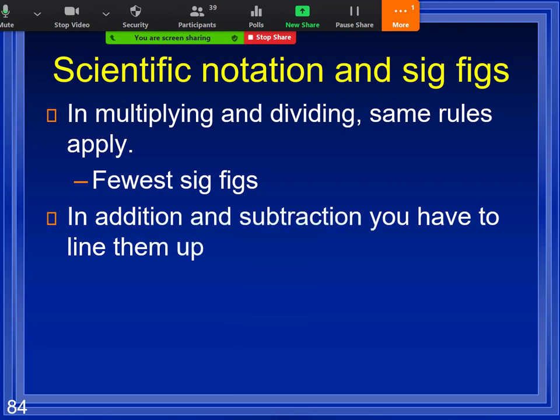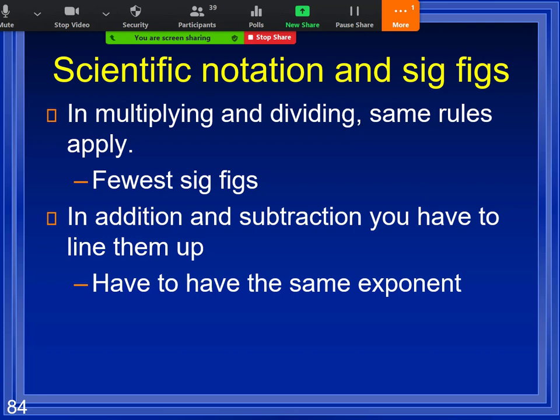In addition and subtraction, that doesn't work because you have to line them up, and they're not really lined up until they have the same exponent. Remember, scientific notation moves the decimal point around. So if you don't have the same exponent, your decimal point's in a different spot.